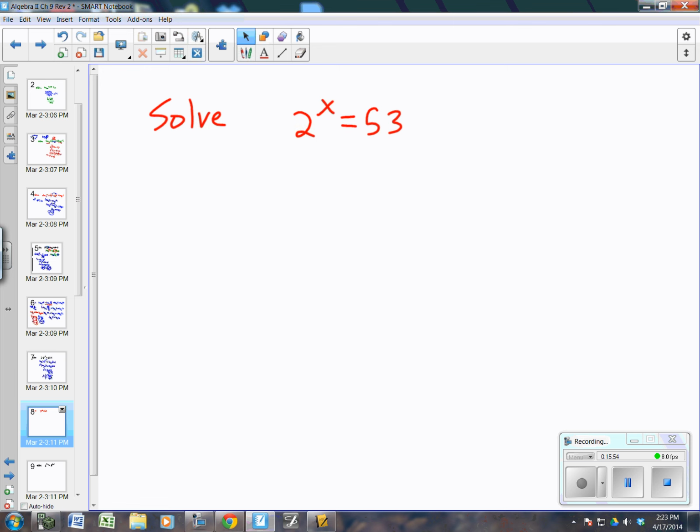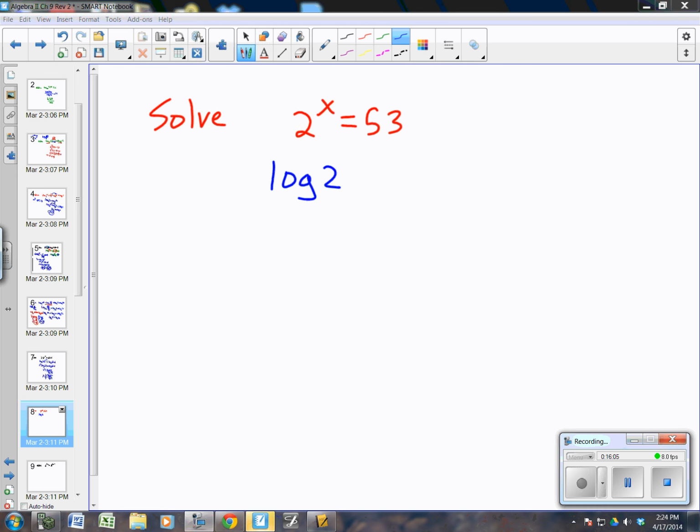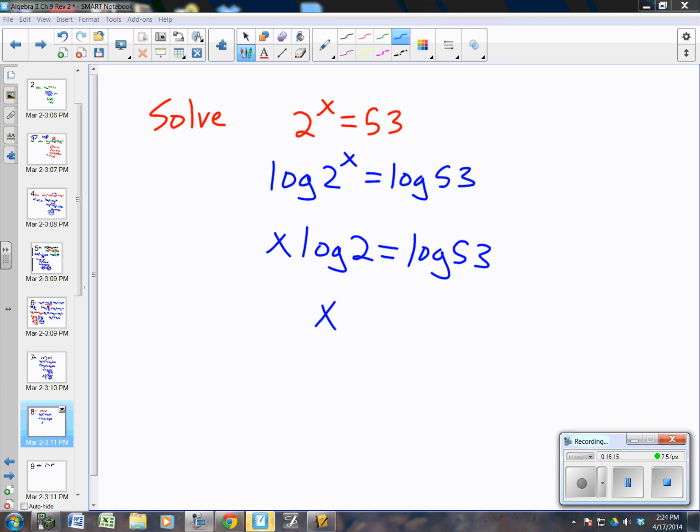All right, next one. 2 to the x equals 53. Now we're even getting easier. Looks like every table had it. So we go log of 2 to the x equals log of 53. So that's using the power property. We bring the x down in front. Divide by log of 2.